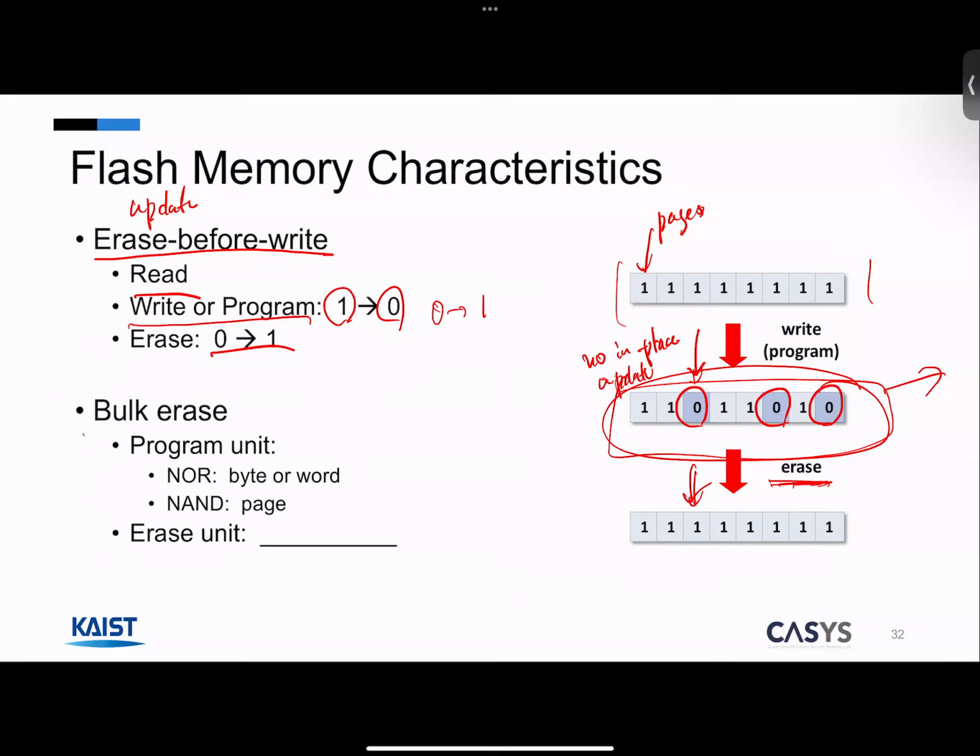The erase operation has to be bulk because of internal characteristics. Erase cannot happen on individual pages. For programming, in NOR flash or NAND flash, the page is the basic unit for programming, aka writing. But erasing has to be on multiple pages.